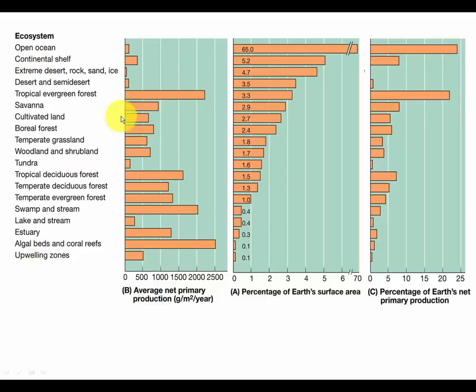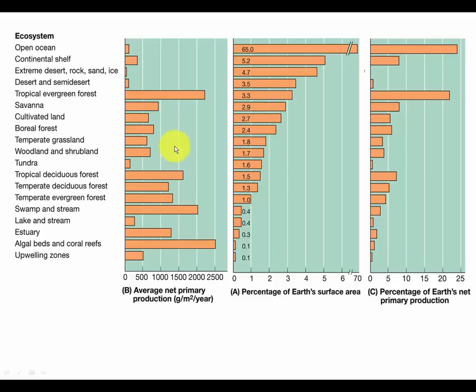And you can see that there are a few ecosystems that are far and away more productive than the others. Algal beds and coral reefs are the most productive ecosystems on the planet, but they're followed closely by tropical evergreen forests, the rainforest. And these ecosystems are cranking out a tremendous amount of biomass for every square meter. Not far behind them are swamps and streams and tropical deciduous forest.